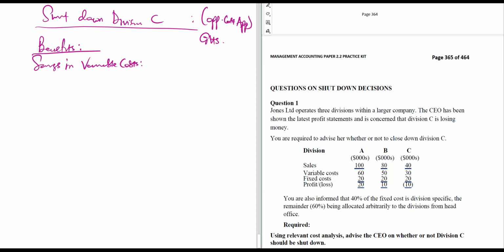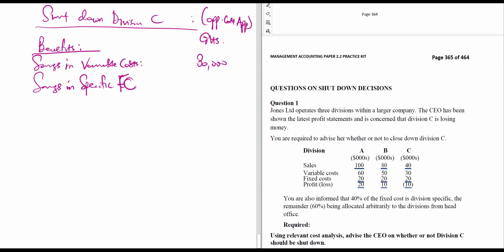That's what we learned. So savings in variable cost, meaning the variable cost of 30,000 is going to be saved, right? Then we will have savings in specific fixed cost too, because specific fixed costs are only specific to that division.